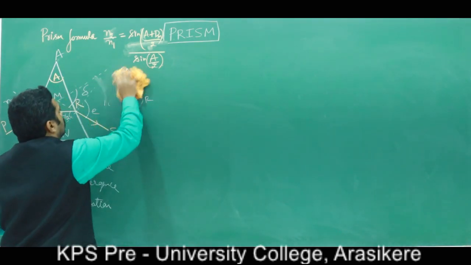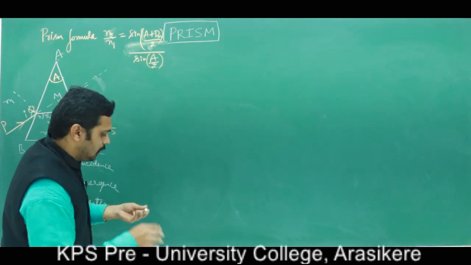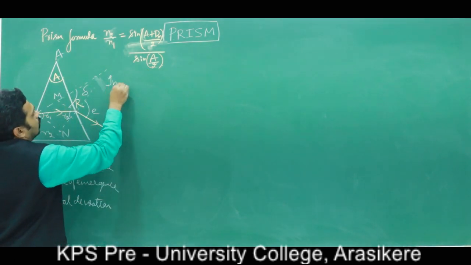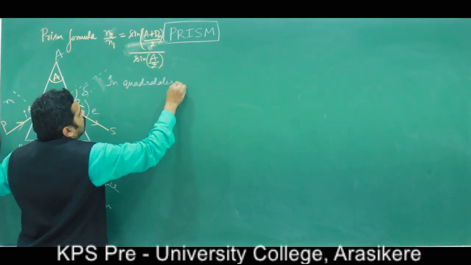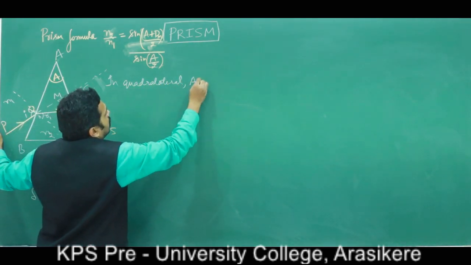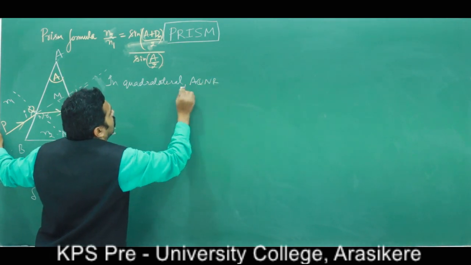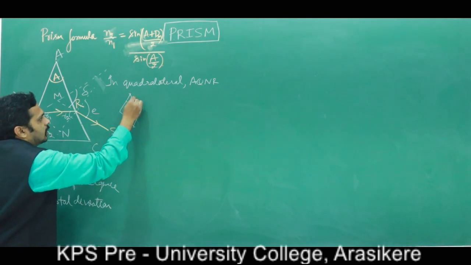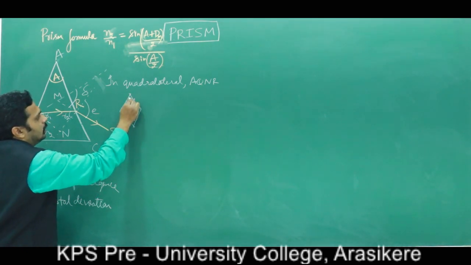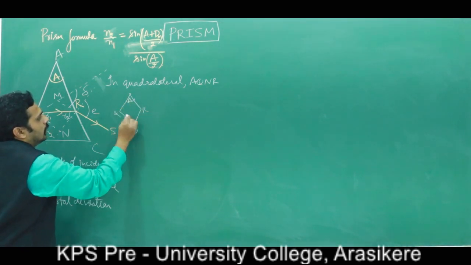In quadrilateral AQNR, the sum of two angles, this angle and this angle. This angle is A, this angle is QNR.